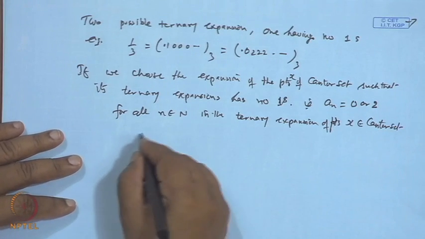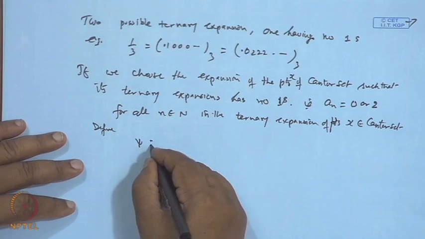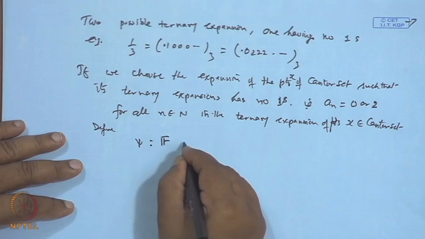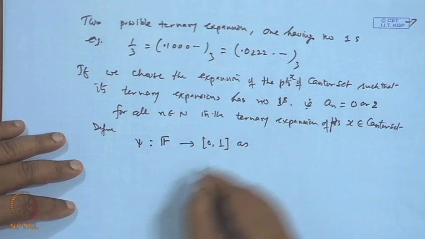Now, define a mapping psi from the Cantor set F to the closed interval 0 1 as follows.